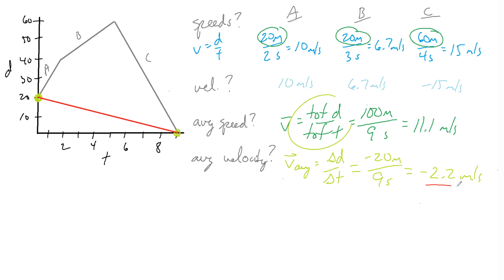It cares about nothing in between. The same way in the previous question, I think it looks something like this. If you had joined a line from the very beginning to the very, very end, the slope of that line would have been the average velocity and average speed, since it's always going up in that question.